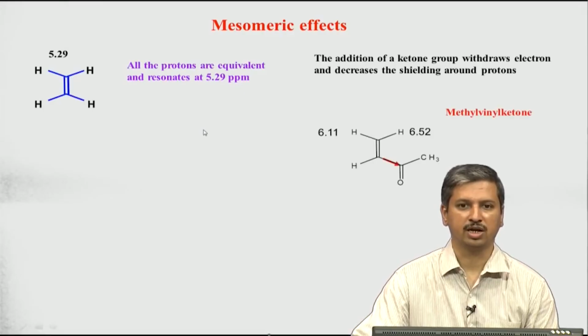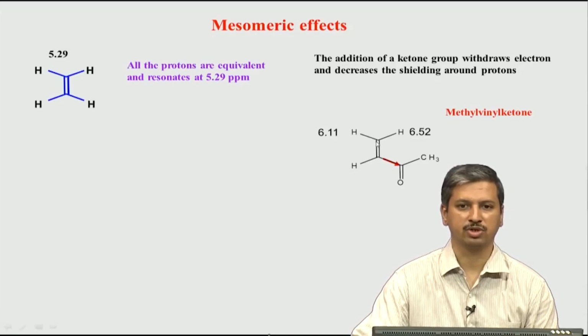Let us say we add a ketone group to this molecule. This is the original molecule, where the values of the hydrogens are all the same, at around 5.3 ppm. But when I attach a ketone, which is an electron withdrawing group, the electron density is withdrawn towards it, and a positive charge accumulates here.